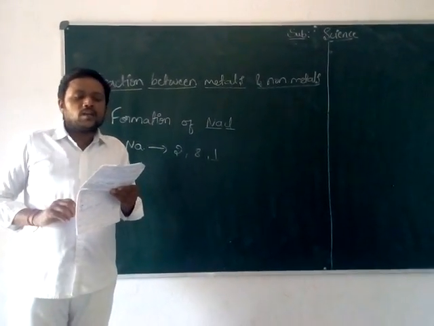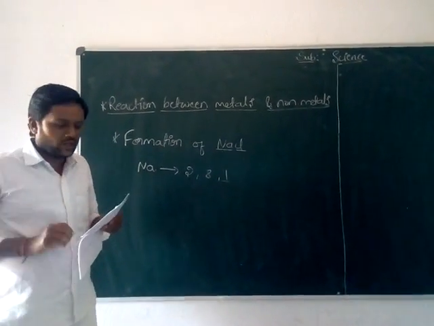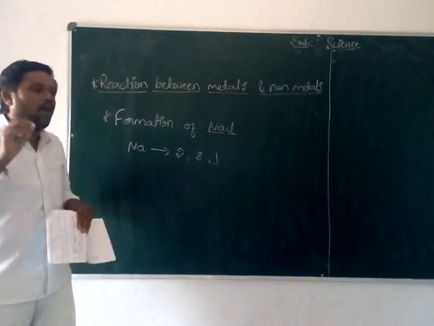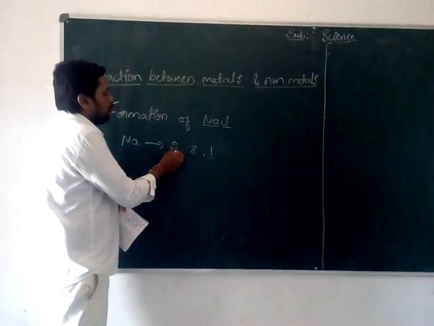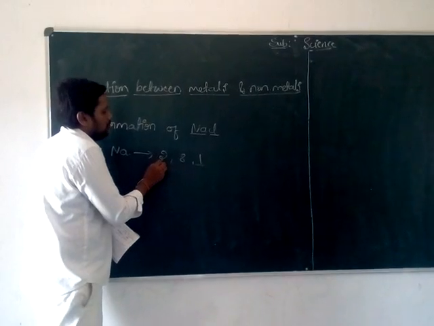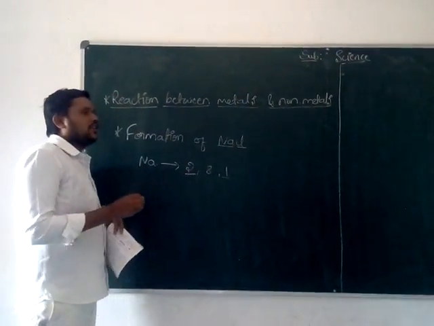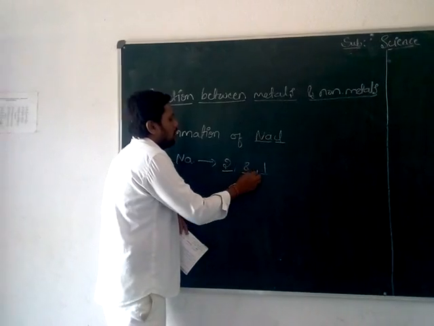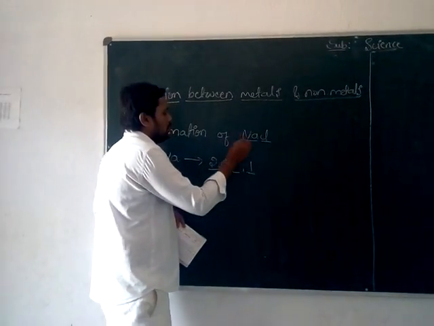If it loses the electron from the M shell, the L shell becomes the outermost shell and has a stable octet. This is the K shell, this is the L shell and this is the M shell.